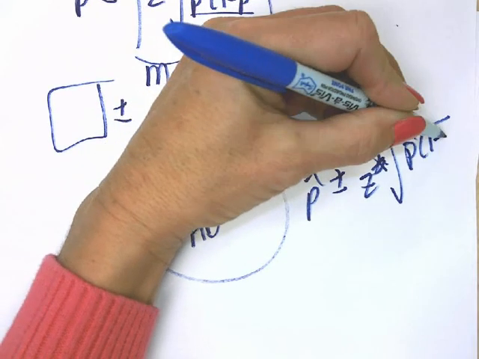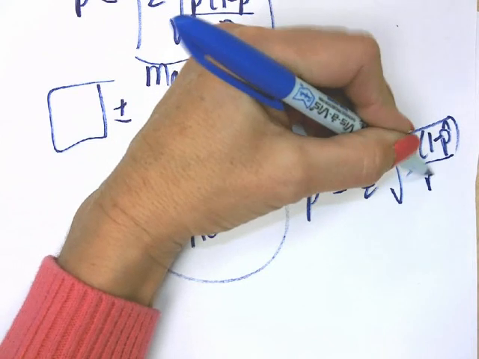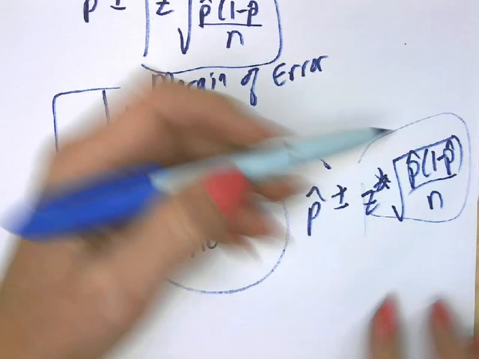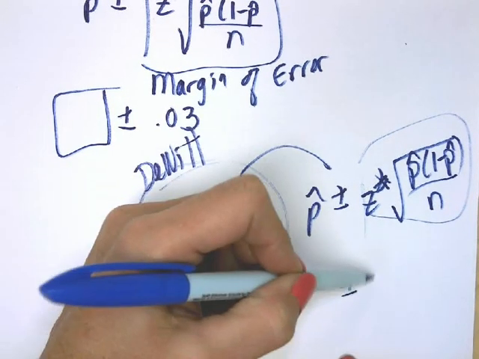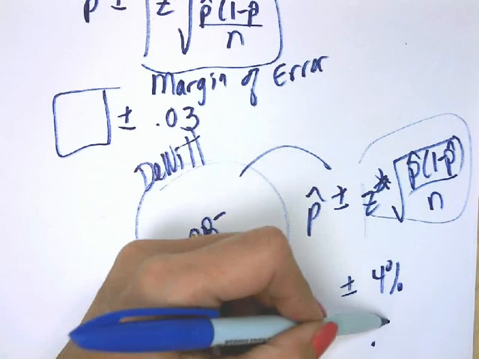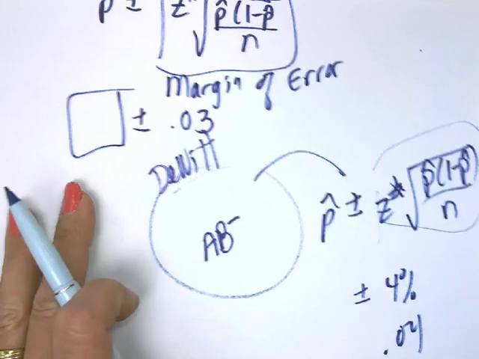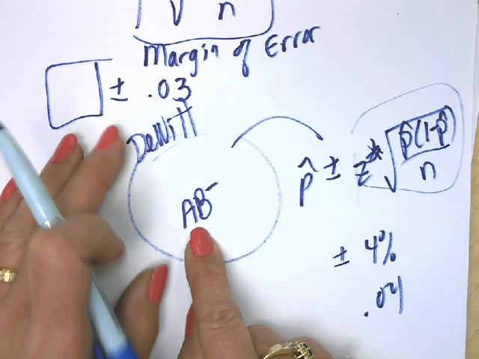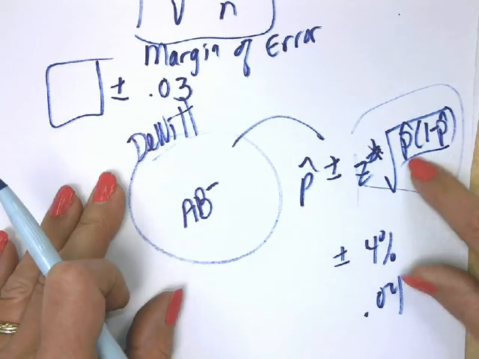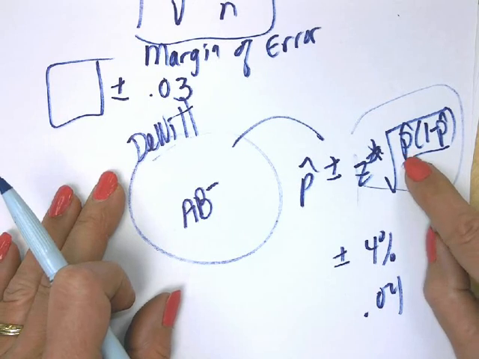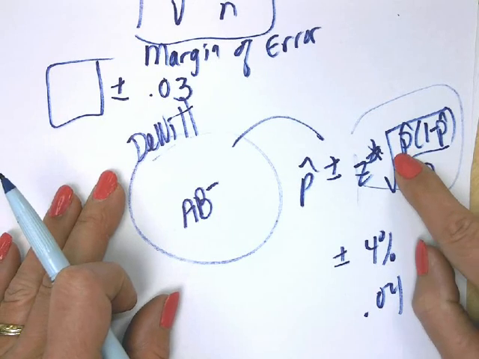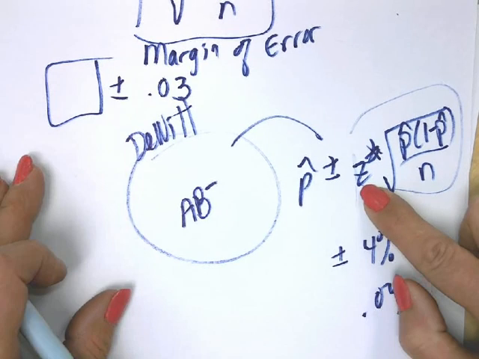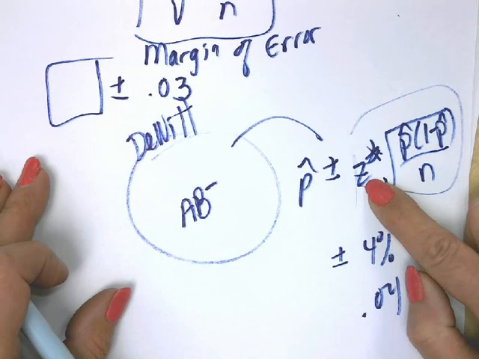And you're deciding, well, how many people should I use in order to make this margin of error be, say, plus or minus 4%, so 0.04. Now, AB negative is a very rare blood type. Even in DeWitt, doesn't matter where you go, that's a rare blood type. So if you assume that this value here is 0.5, figure out what size n, with 95% confidence, you're going to use a z-value here of 1.96.